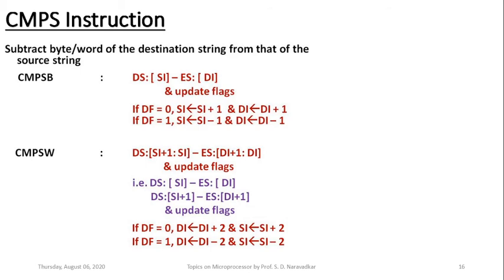Now, whenever you want to log in to that system subsequently, you try to recall that password in your mind and enter it through the keyboard. Once that password is entered through the keyboard, it will be stored into the extra segment. The offset locations are given by the destination index.